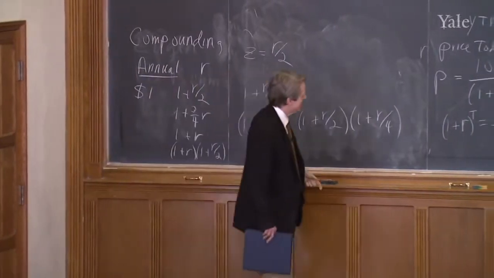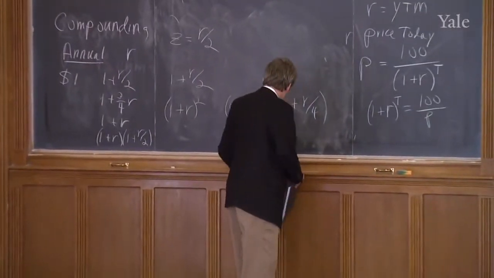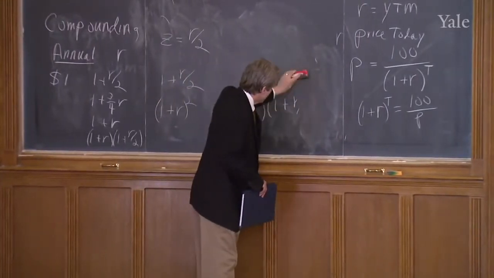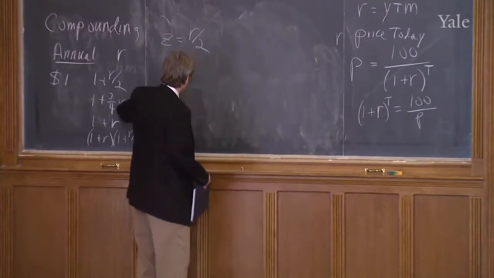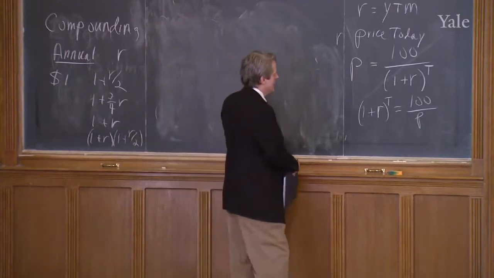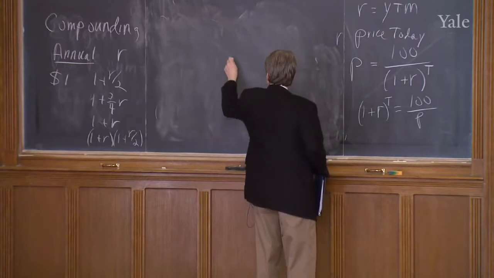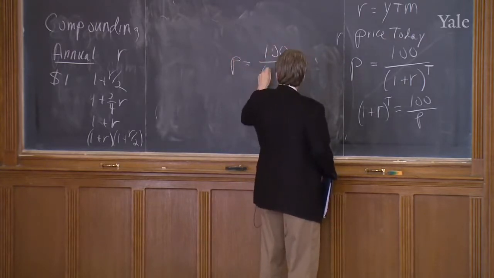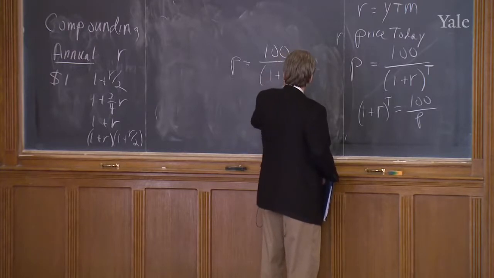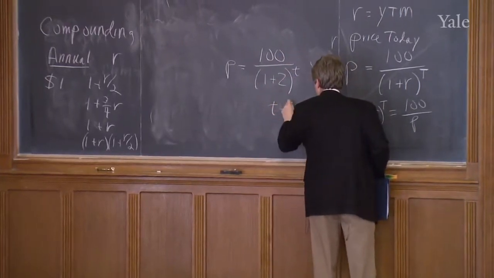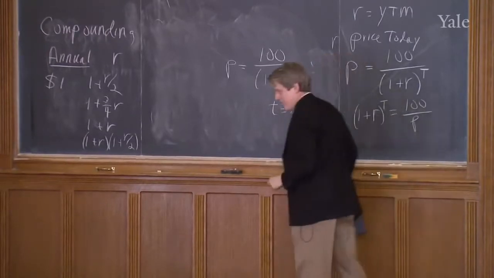Okay, so that means that the formula that Fabozzi gives for a discount bond, since it assumes a different compounding interval, he writes P equals 100 all over 1 plus z to the lowercase t, where lowercase t is 2T.